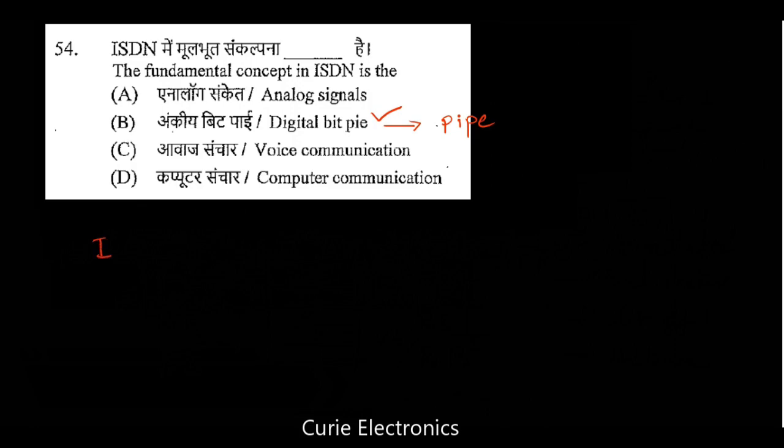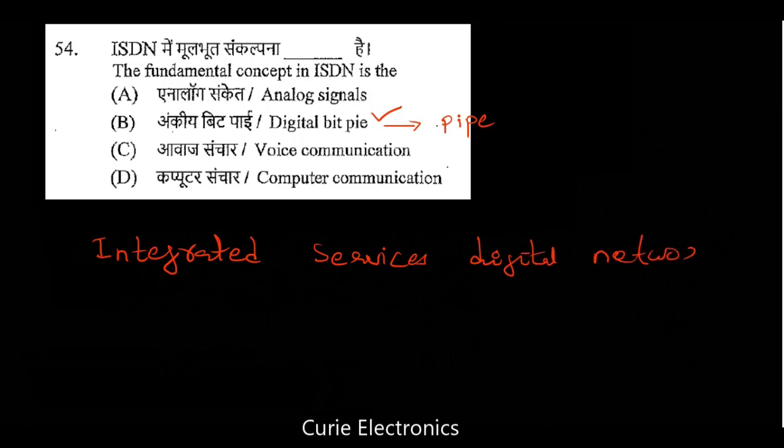Integrated Services Digital Network. For telecommunication and the internet, we use this ISDN, and the fundamental concept is the digital bit pipe.